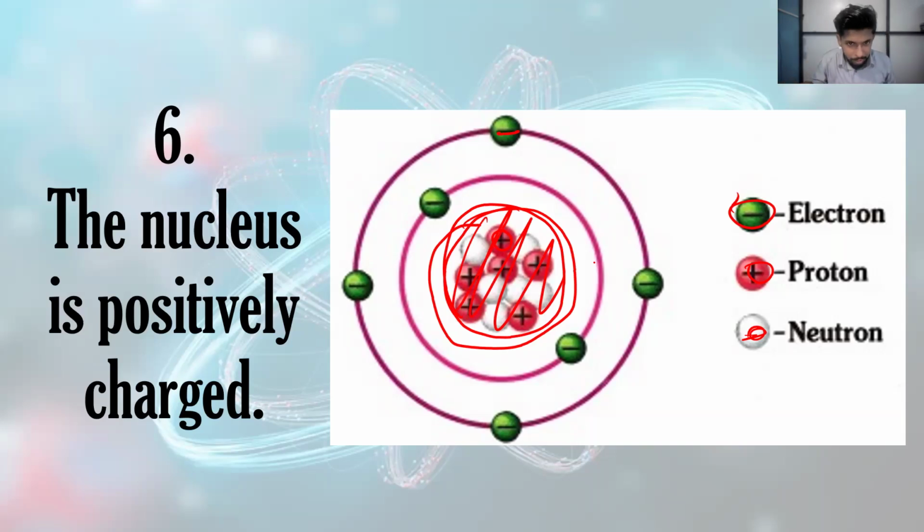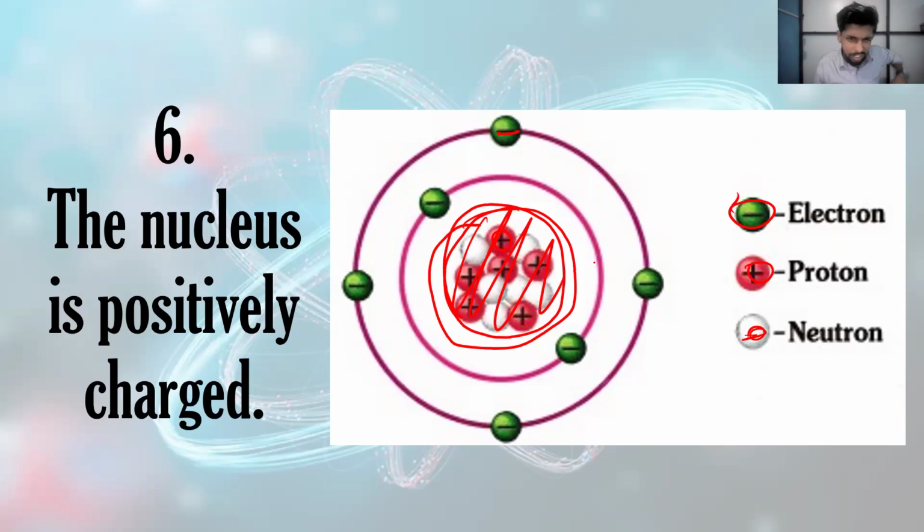Proton is positive charge, right? The red color particles are positive charge, and there is no charge from the neutrons. So if I take only the nucleus, the charge of the nucleus will be positive, because inside the area that I have shaded here we have only the protons with the charge.